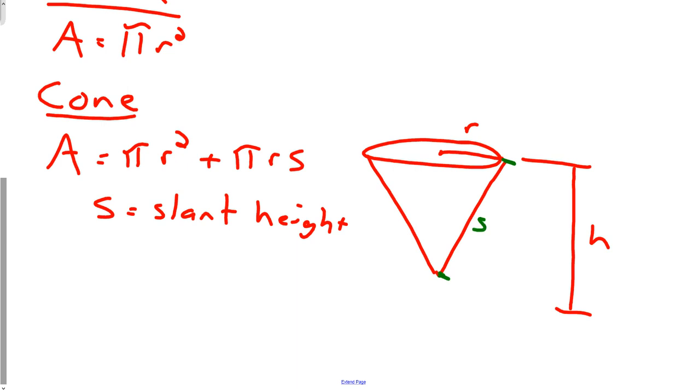Calculating your slant height can be a little tricky at times. If I was to draw this out, like take a cross section, if I was to cut this cone in half, it would make a triangle. Very good, Danny. Where my height and my radius, and there's my slant height.